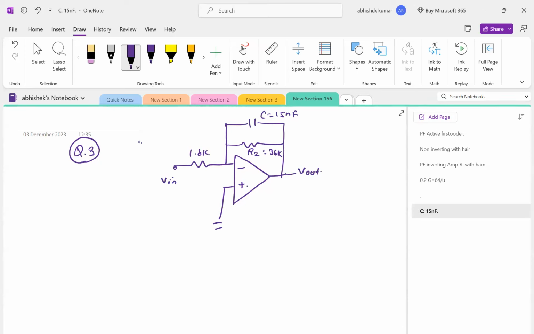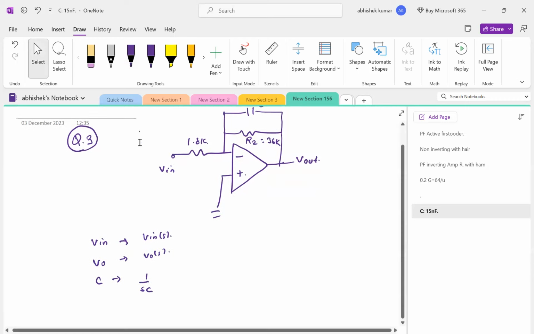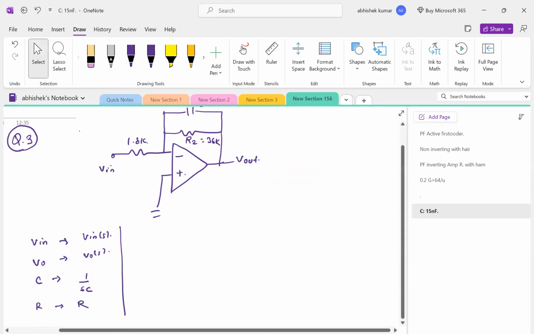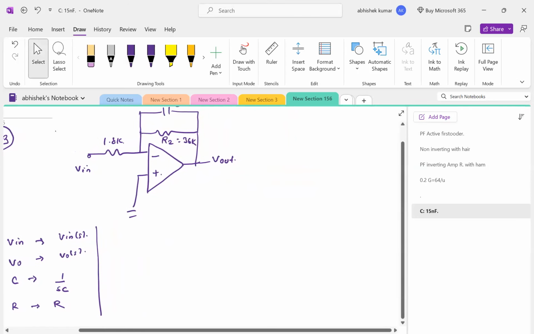The S domain is nothing but converting our circuit into the Laplace form. In the Laplace form, our V input will be written as V input S, and V output will be written as V output S. Capacitor will get changed to 1 by SC, and resistor will be as it is. This is the brief concept of our S domain.